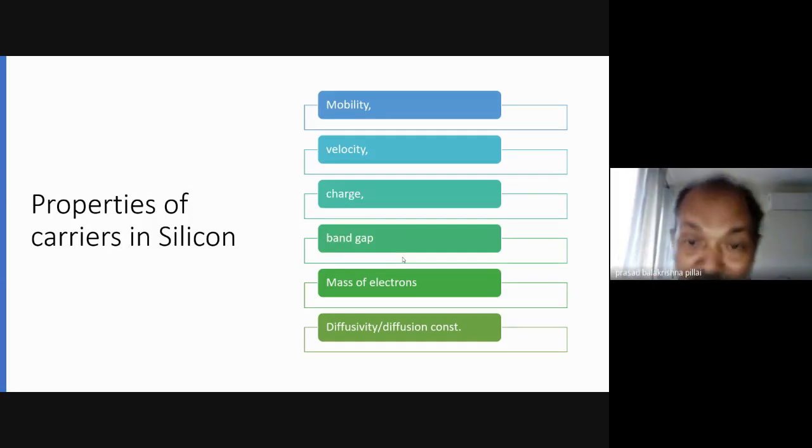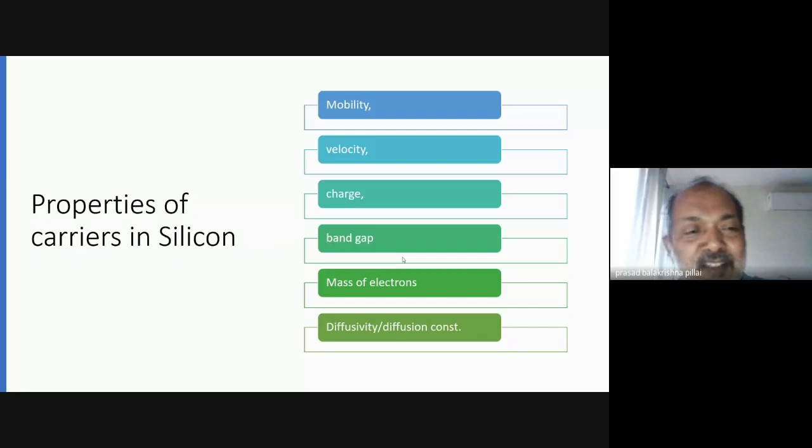Carriers are electrons, whether holes or electrons, and the mass is well known. You have all those famous e/m ratio experiments. Electron charge is known, e/m is known, so you can find the electron mass.